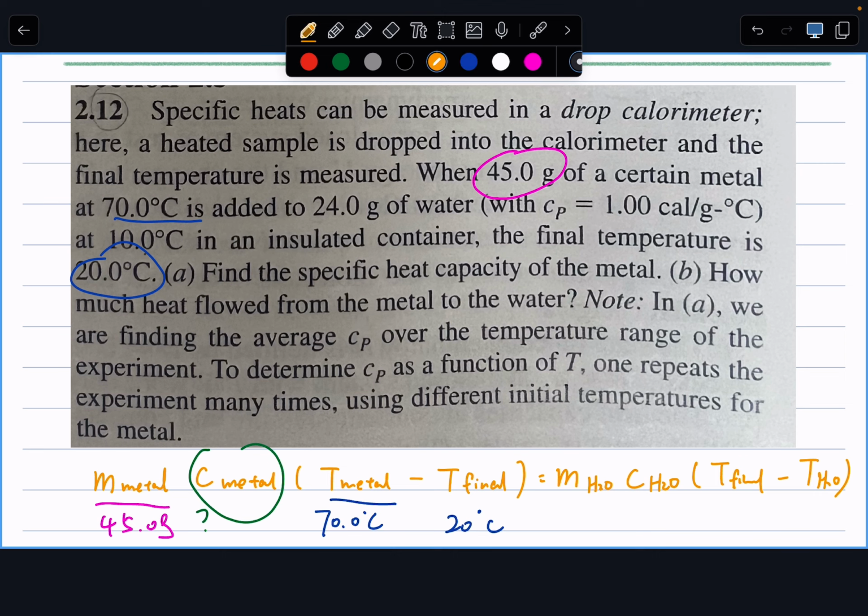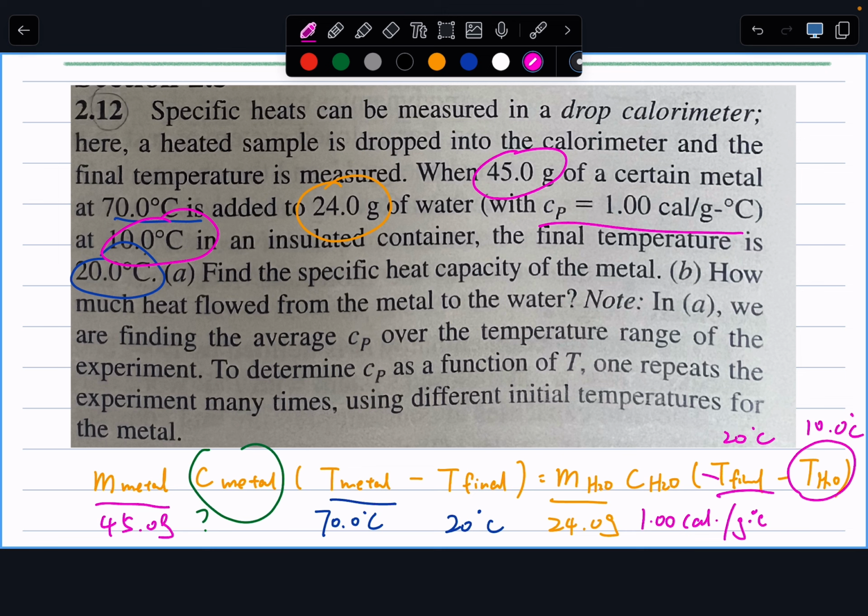Mass of the water is 24 grams. And then we have the heat capacity of water, that's 1.00 calorie per gram per degree Celsius. The final temperature is 20 degrees. Initial temperature is 10 degrees. Right, it's basically just finding these numbers and plugging the numbers in.